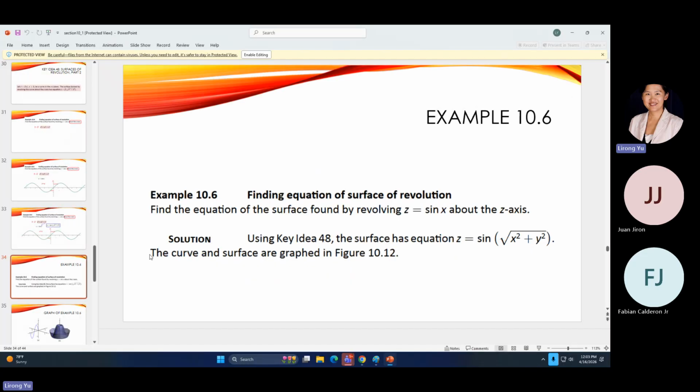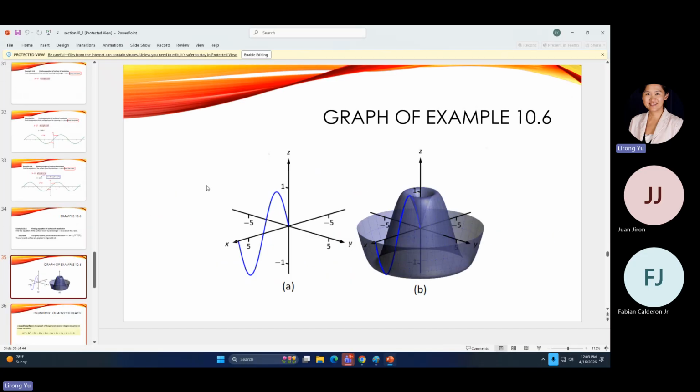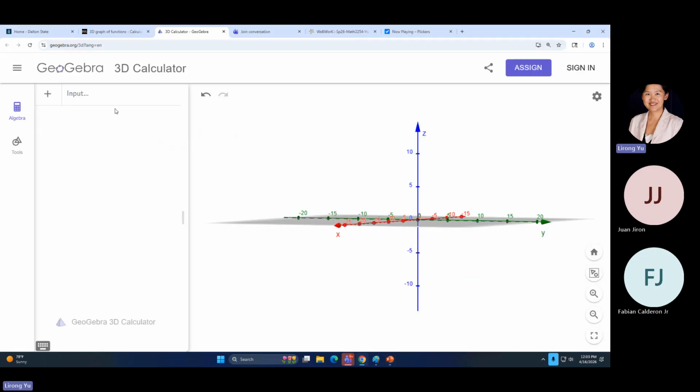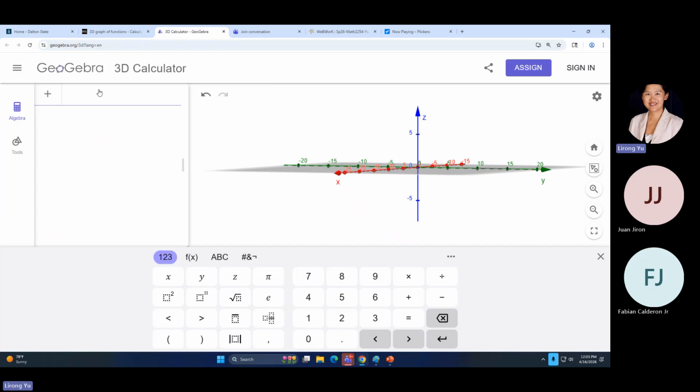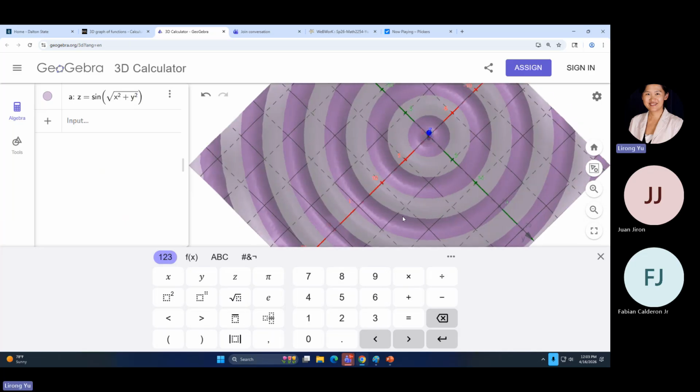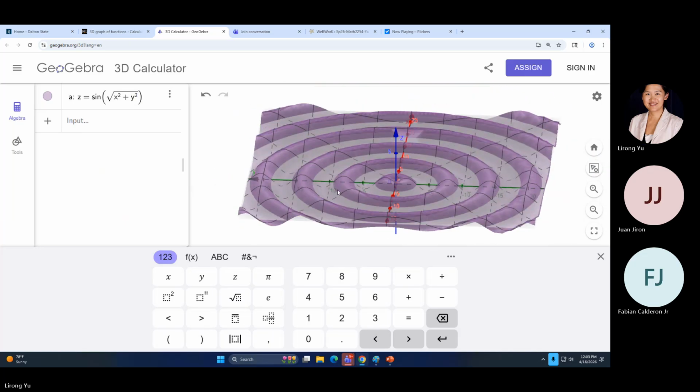And we can actually see how it looks like. This is a picture provided by the textbook. And you can also draw it yourself to see how the three-dimensional view of this looks. So that's z equal to sine of square root of x squared plus y squared. So it's really the sine wave rotated.